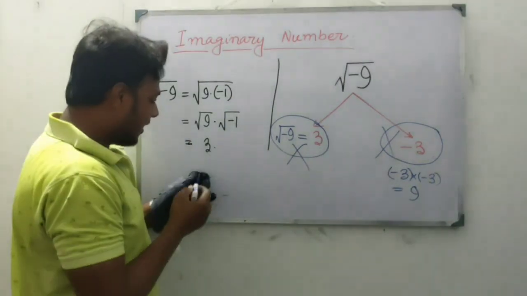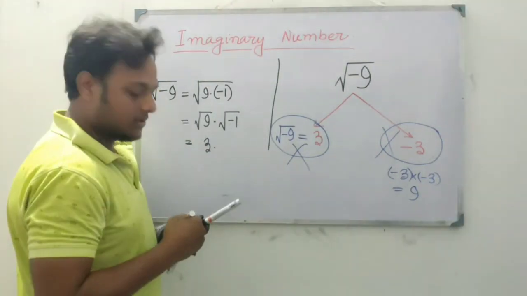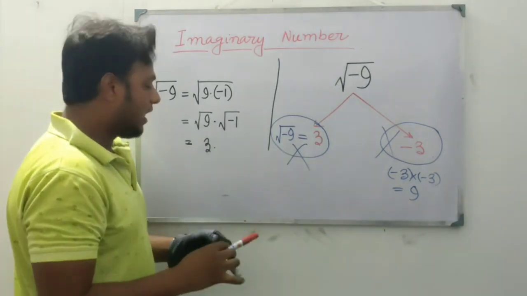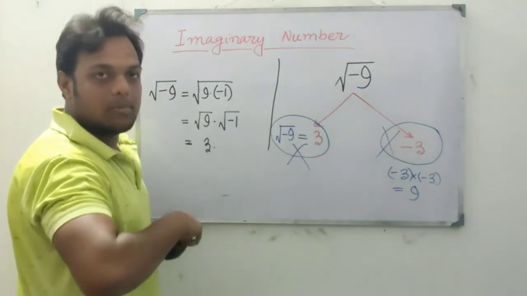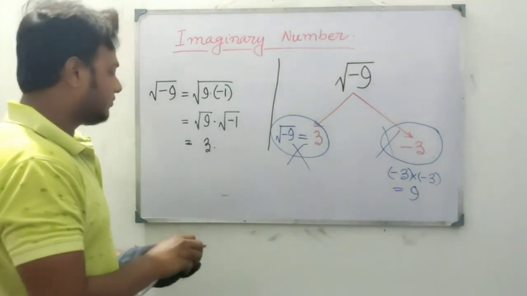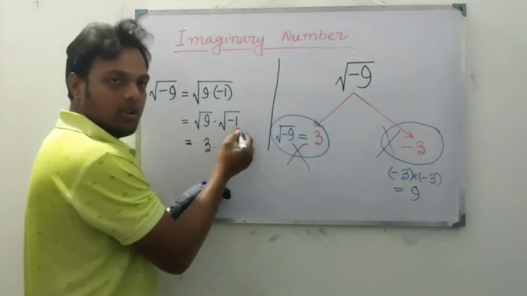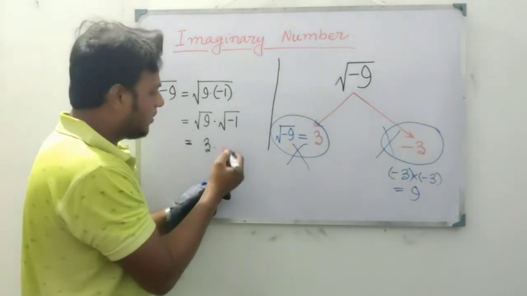Actually, they have given a standard symbol for root over minus 1. It is impossible to make it any smaller. Minus 1 is the smallest part.